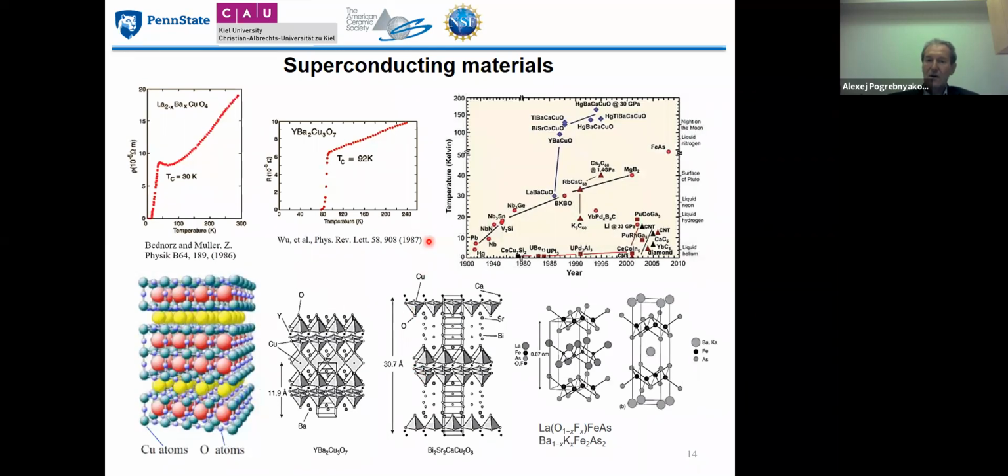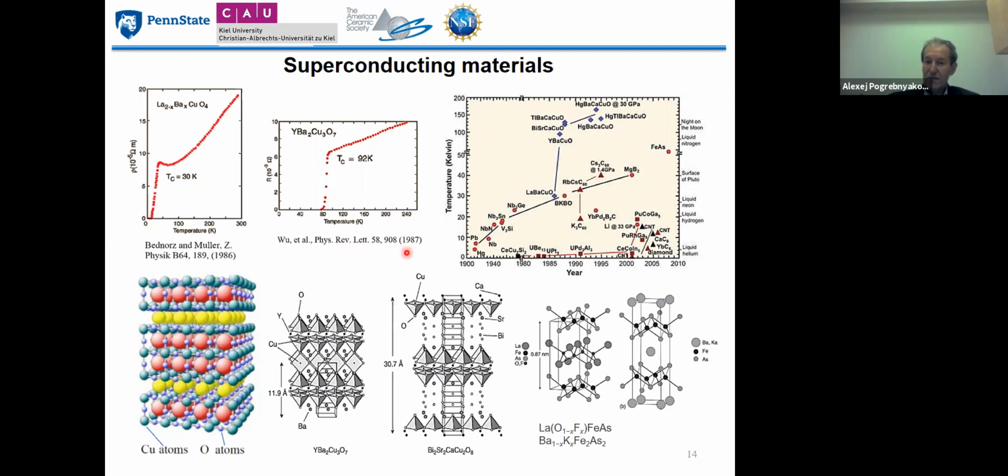We continue on superconducting materials, and here we see that in 1986 there was the discovery of high temperature superconductivity in this complex oxide, lanthanum barium copper oxide. And just several months after this discovery, the critical temperature was raised from 30 to 92 Kelvin in yttrium barium copper oxide.